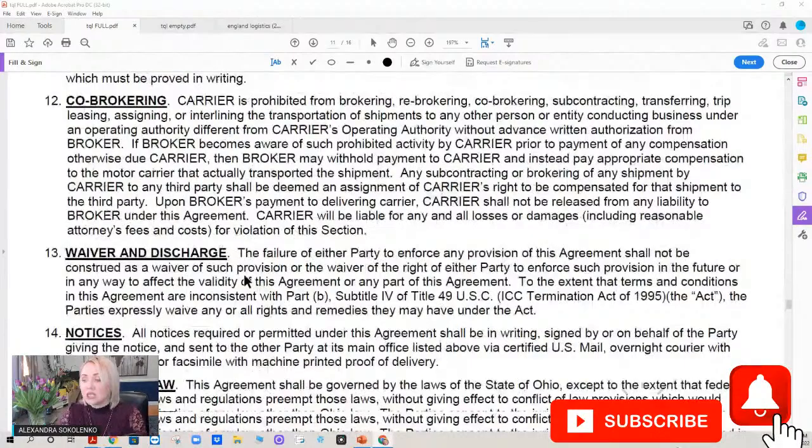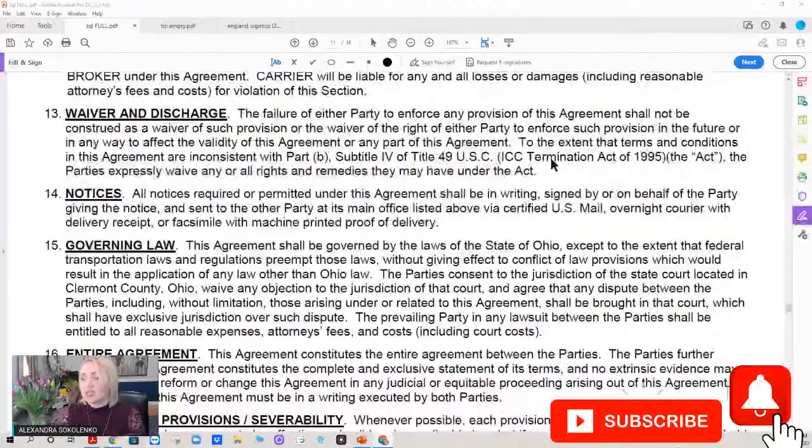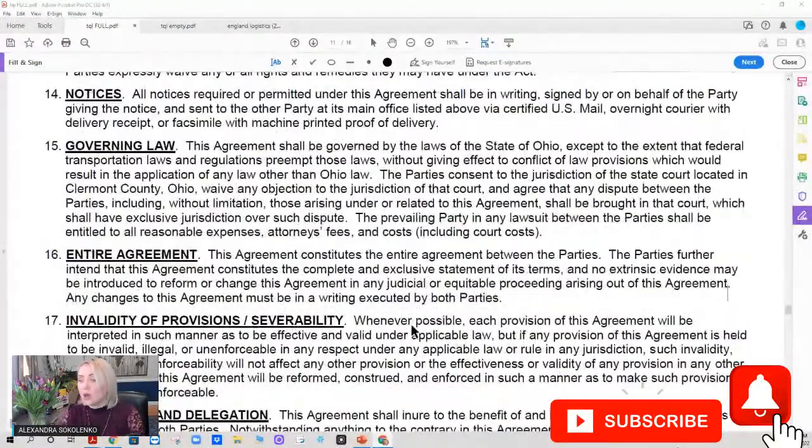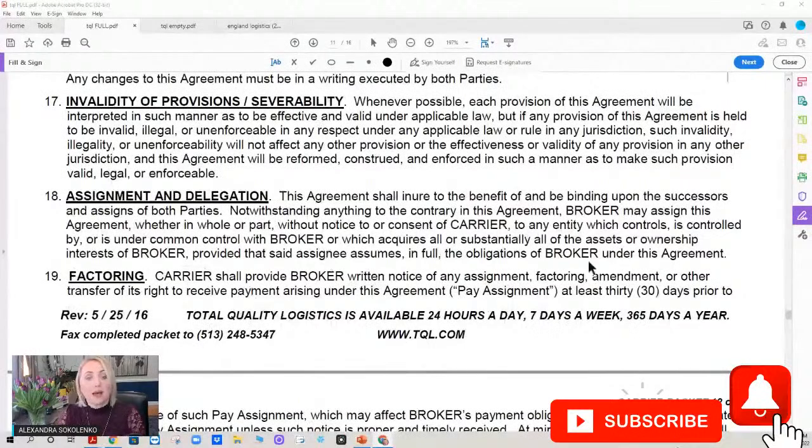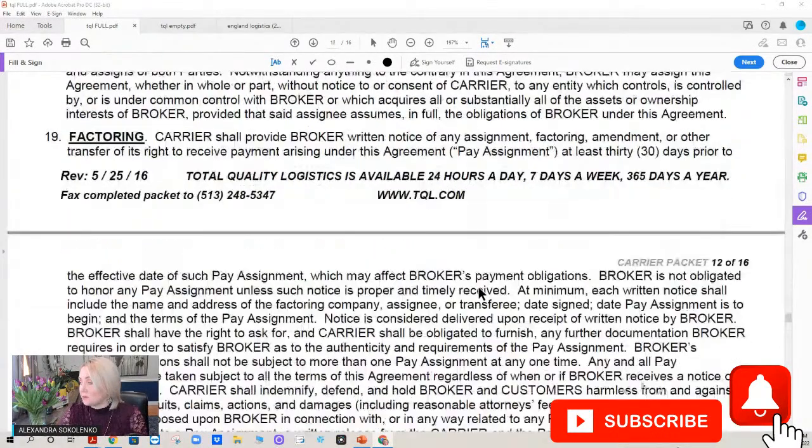Then we have all the discharge and waivers, analysis and law. All of this is here about the factoring. See, they're asking you, if you have a factoring company, you need to give us that pay assignment. They call it pay assignment, but most of us call it NOA, notice of assignment, from your factoring company.